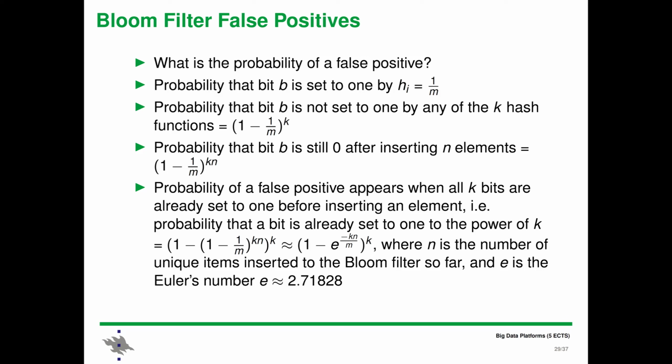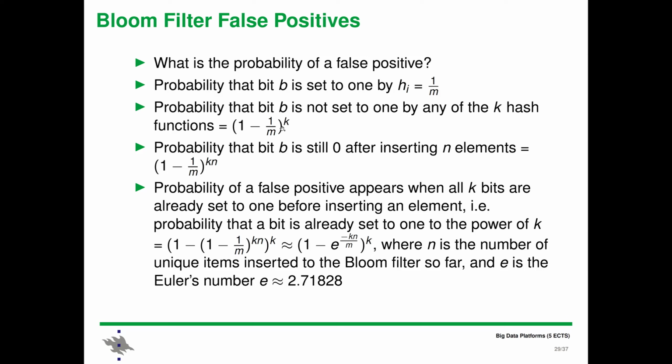Then the probability that a particular bit is not set to 1 by any of the k hash functions is (1 minus 1/m) to the power of k. I hope that is understandable.